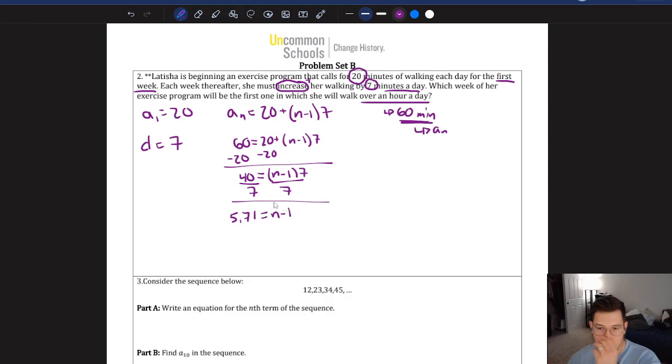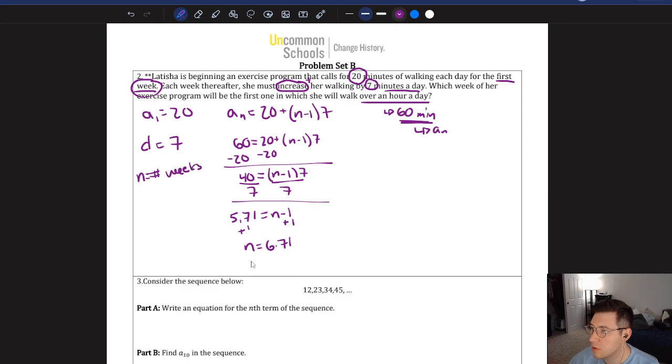Now, I'm going to keep going, and we're going to talk about why. I'm going to add 1 to both sides and learn that n is equal to 6.71. Now, remember, n is actually a number of weeks. If this 1 is the first week, that really means that n is number of weeks.